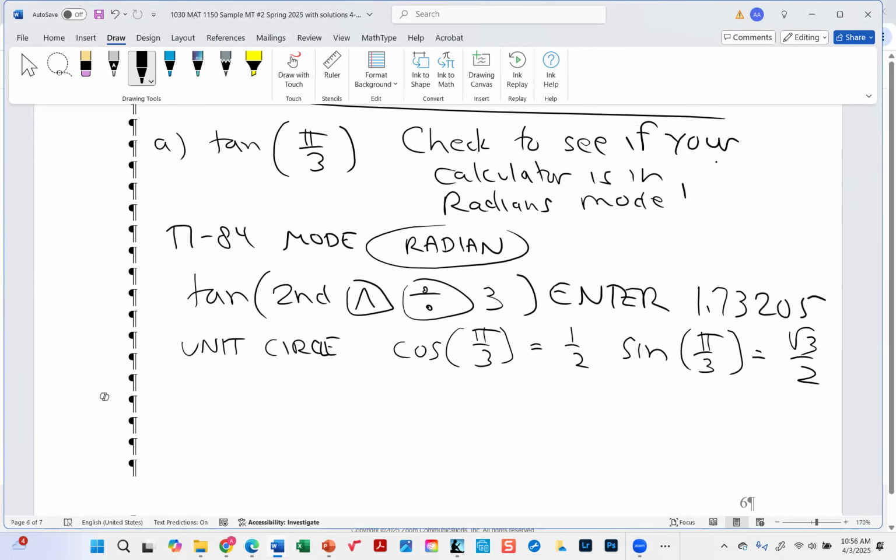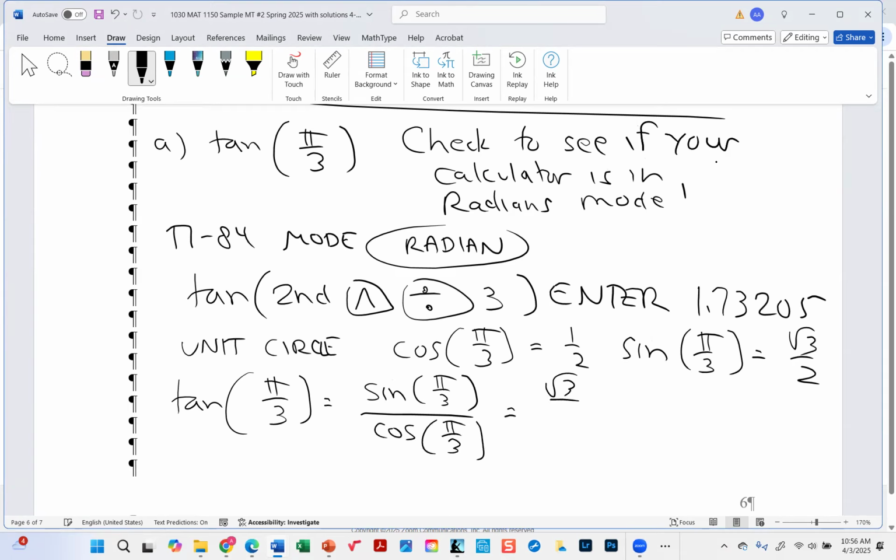Now, how does that help? Because the tangent, as we saw earlier, can be rewritten as the sine over the cosine, meaning radical 3 over 2 over 1/2, or radical 3 over 2 times 2 over 1, which is radical 3. So this number is an approximation of radical 3.